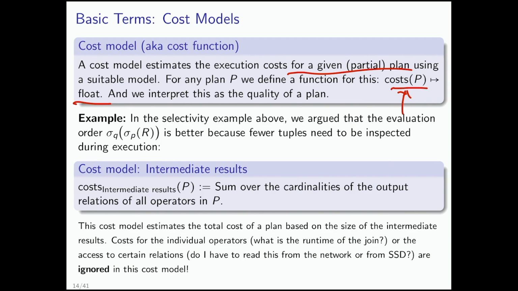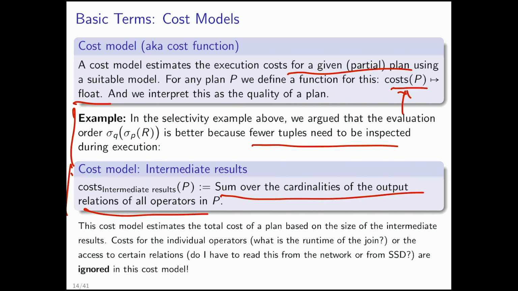So in the example above, we argued that the evaluation order is better because fewer tuples needed to be inspected. So the cost model that I was using implicitly there was something like that. I was looking at the number of intermediate results. So if I define my cost function like that, I take the sum over the cardinalities of the output relations of all operators in P. That would be a valid cost model.